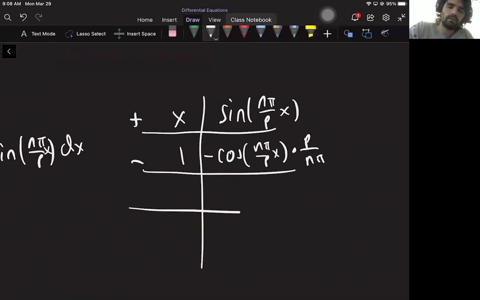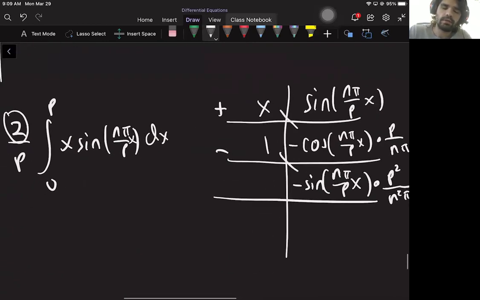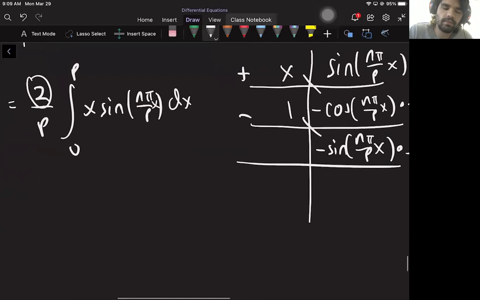And then I have to do one more. Integral of negative cosine is negative sine. And I'm going to divide by the same thing. So I'm going to get p squared over n squared pi squared. Okay, so then the integral is equal to that times that plus that times that.